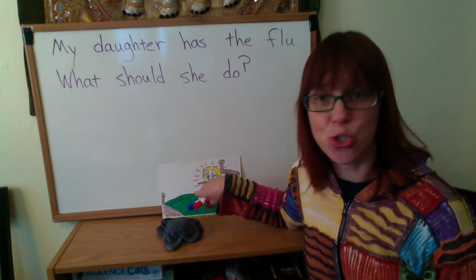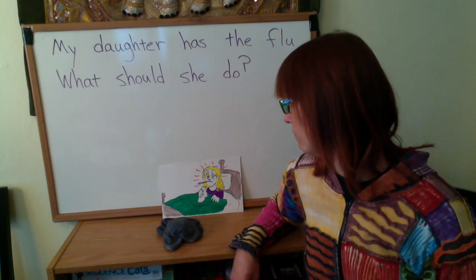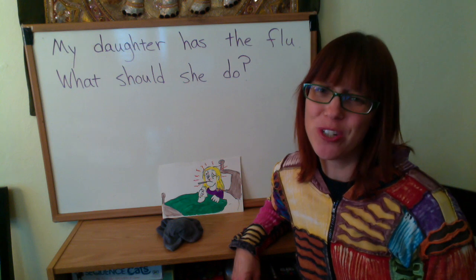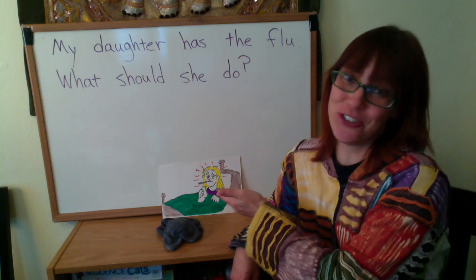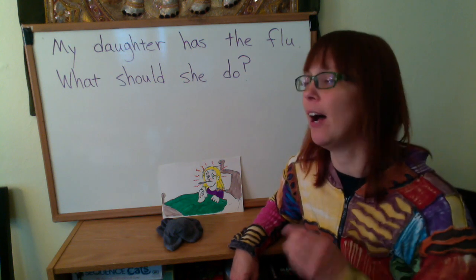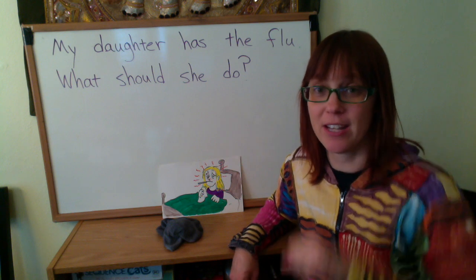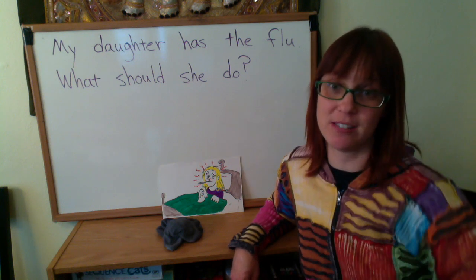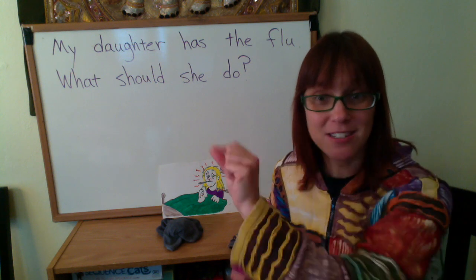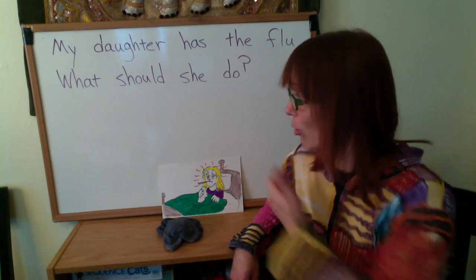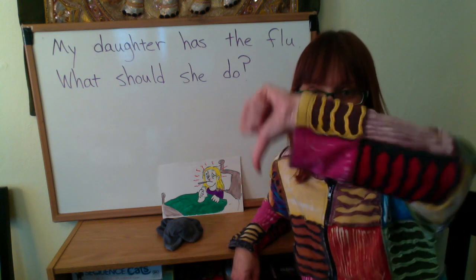She shouldn't go to school. She shouldn't drink alcohol. No, she shouldn't. So I can use an affirmative example, yes, and a negative example. So you can take a moment and write your advice, something affirmative and something negative.